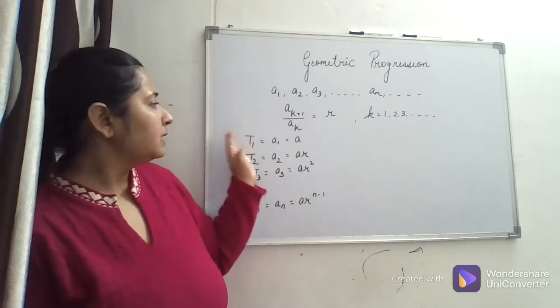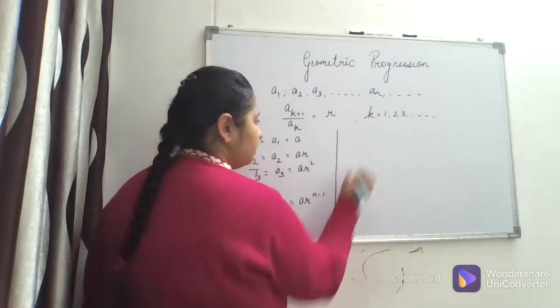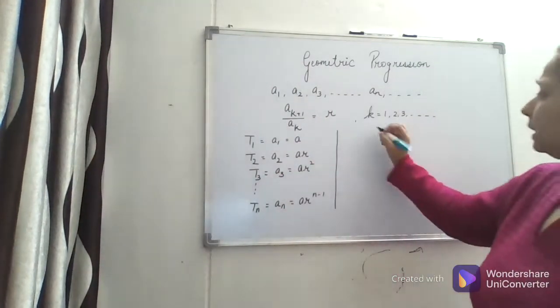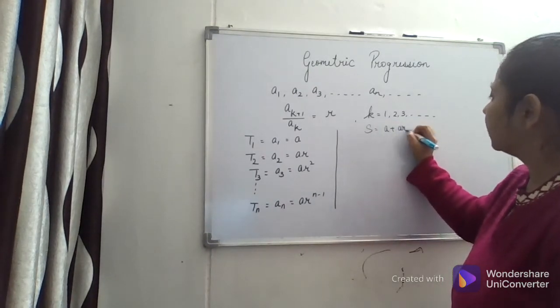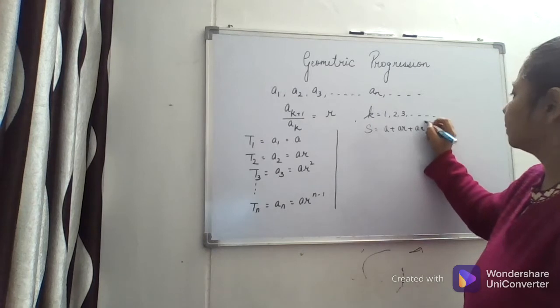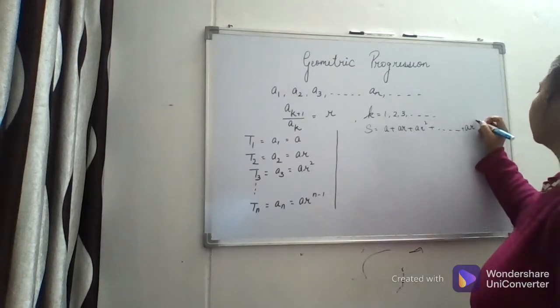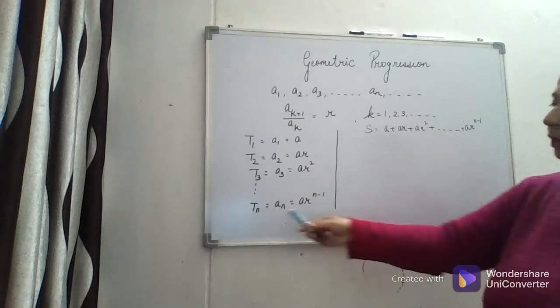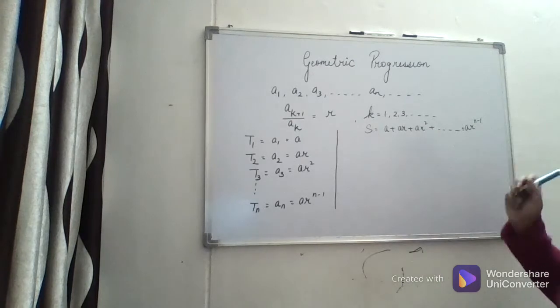Okay, let's find the sum. Sum of a GP is equal to A plus AR plus AR square and so on till AR^(N-1), because that is the nth term.